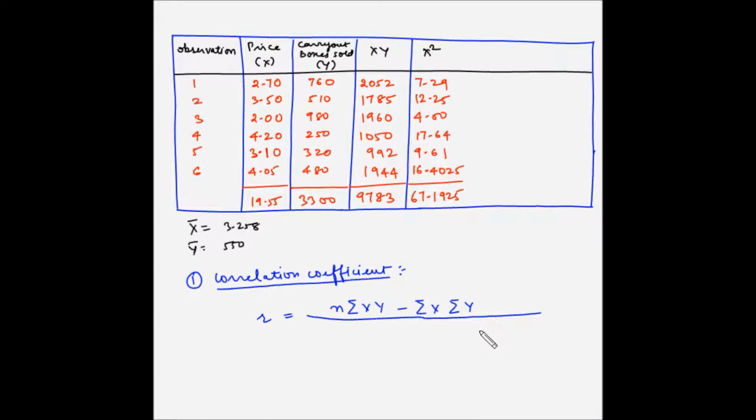divided by square root of n sigma x square minus sigma x whole square, n sigma y square minus sigma y whole square.